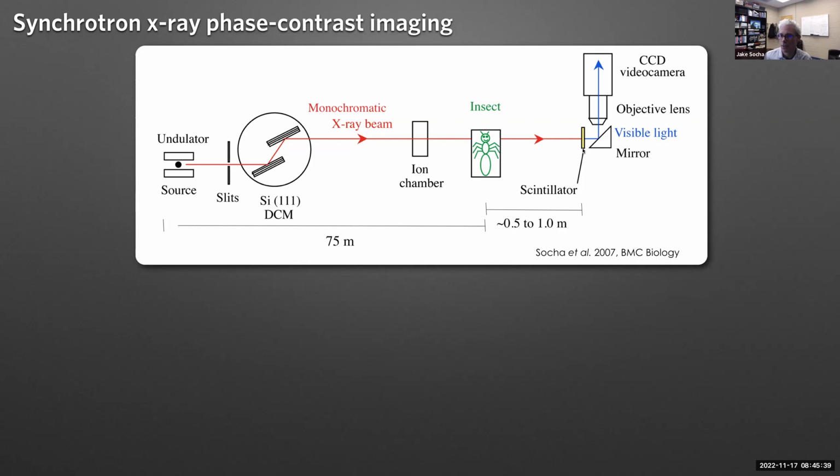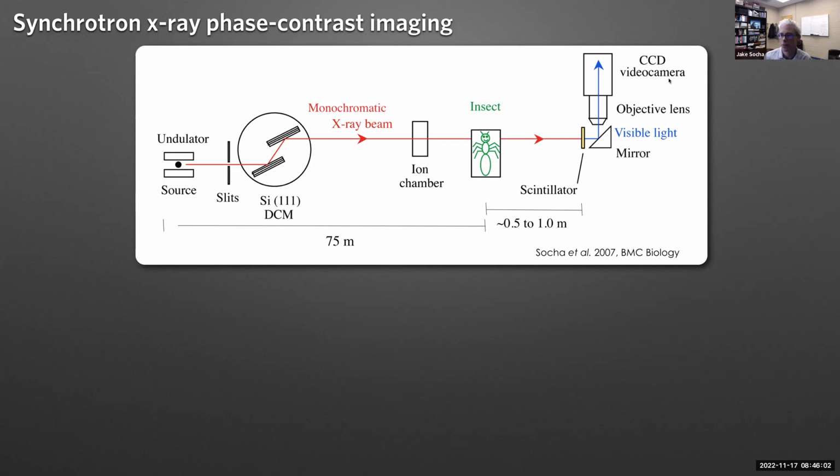And the way it happens is that the X-rays pass through a scintillator. It's a very thin crystal, and that crystal converts the X-rays to visible light. So on the inside here, you have a visible light image, and that can then be imaged with any sort of imaging device.